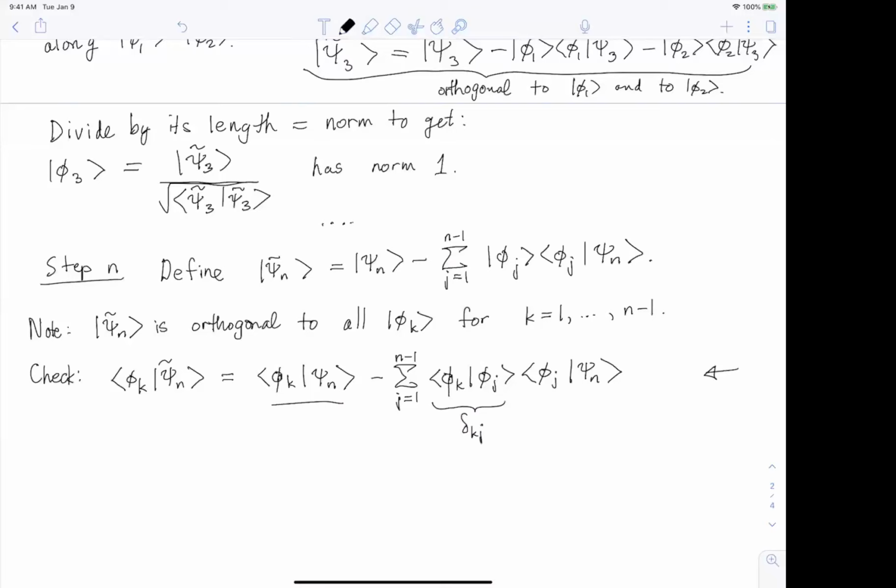That means there's only one term in this whole sum that survives, the term when j is equal to k. So I might as well set this equal to phi sub k, psi sub n. That's the only term that survives. And so this is phi sub k, psi sub n, minus phi sub k, psi sub n, which is 0.